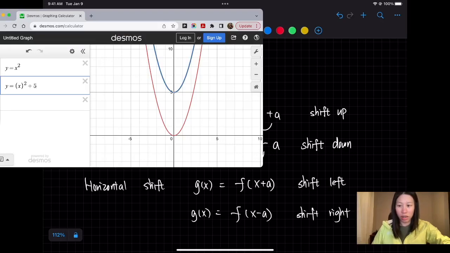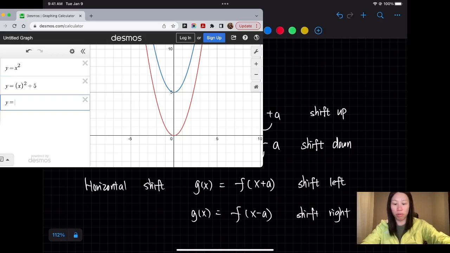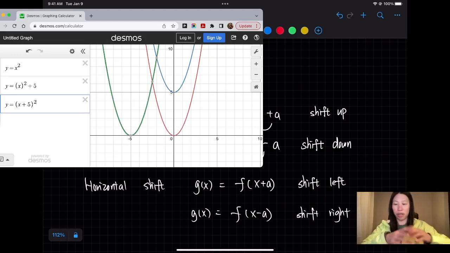So let's take a look. If I add 5 to the whole function, the red one is the original one. I add 5 at the end, that means you shift up vertically. And now compare to this one, y equals (x plus 5) squared.